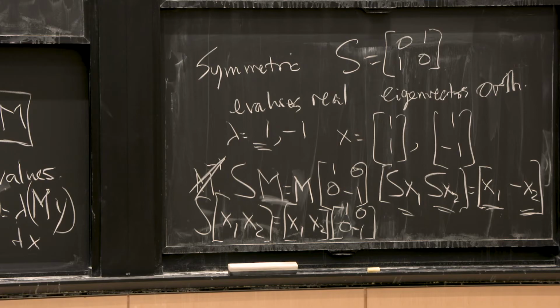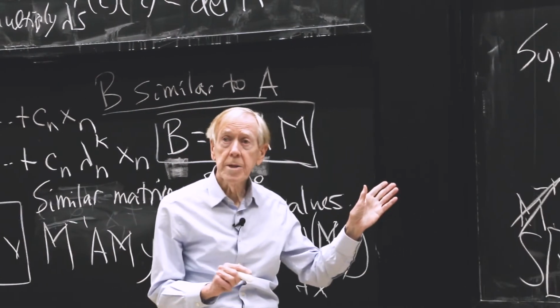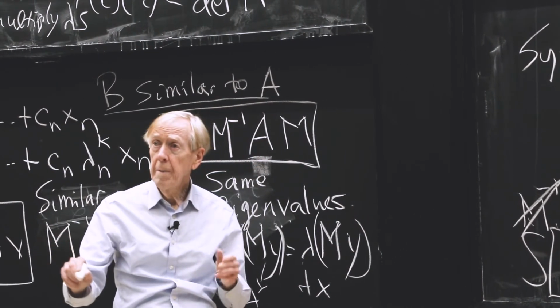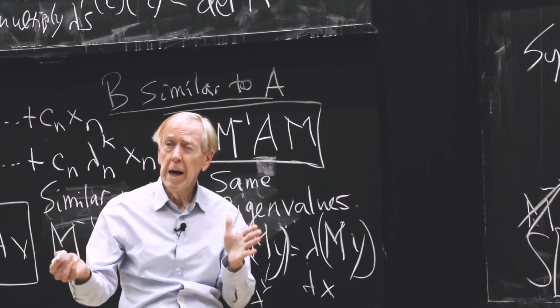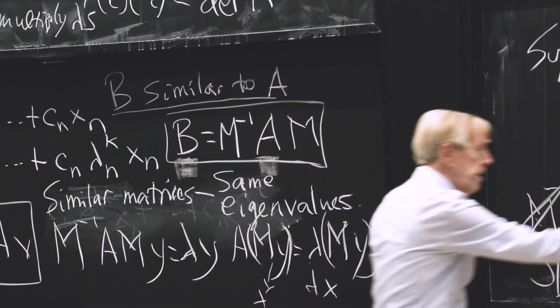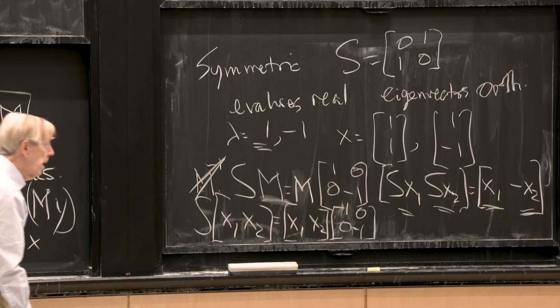So what was the point of this board? What did we learn? We kind of expected that the original S would be similar to the lambdas because the eigenvalues match. S has eigenvalues lambda, and this diagonal matrix certainly has eigenvalues 1 and minus 1.